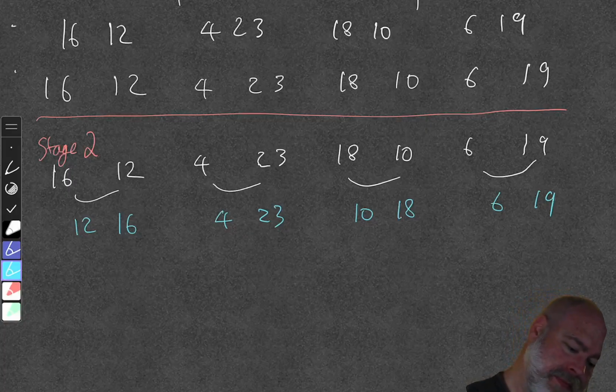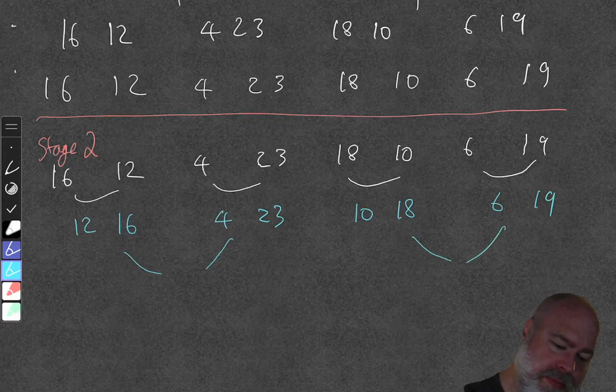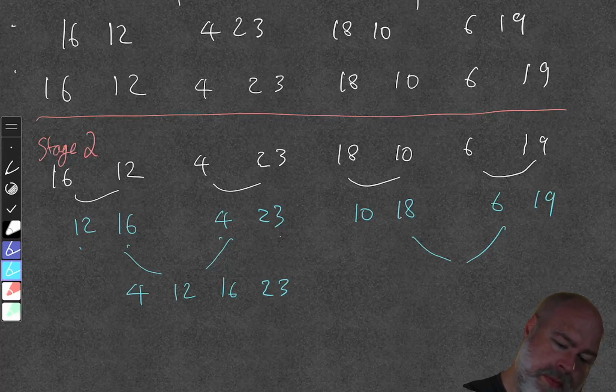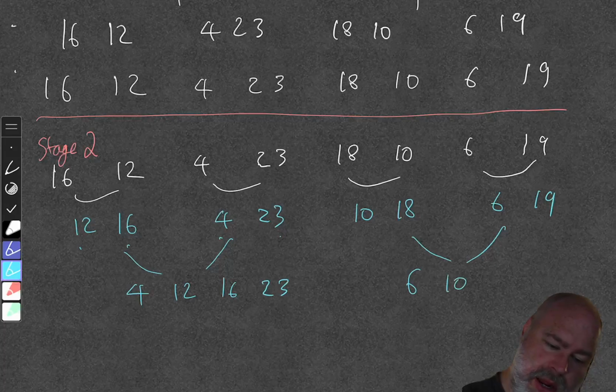And then it will combine those together, and it will say, okay, out of these 4 numbers, which is the smallest? Okay, 4, then 12, then 16, and 23. So we've got a group of 4 now. And it will do the same here. So it needs 6, 10, 18, and 19.